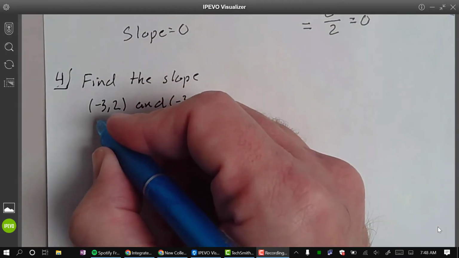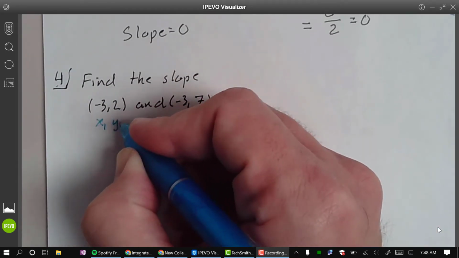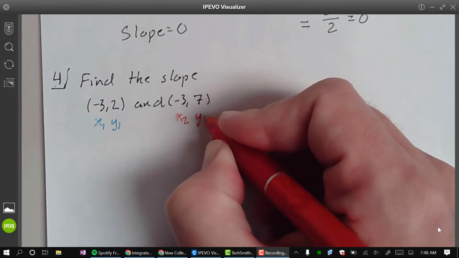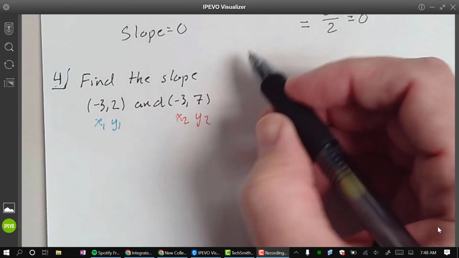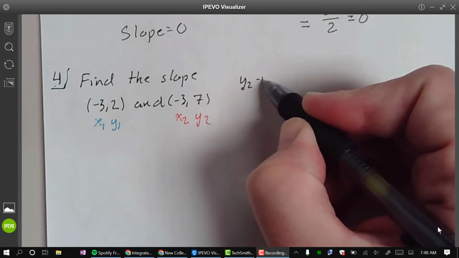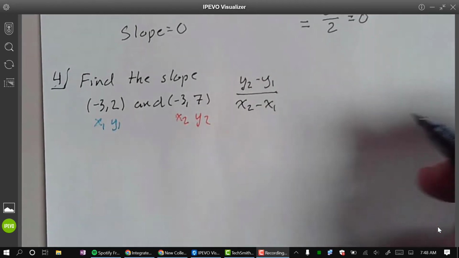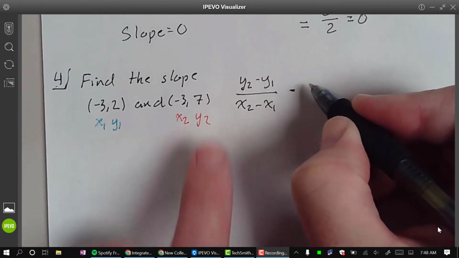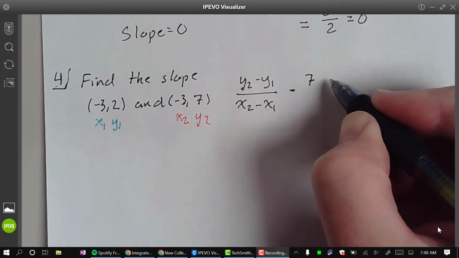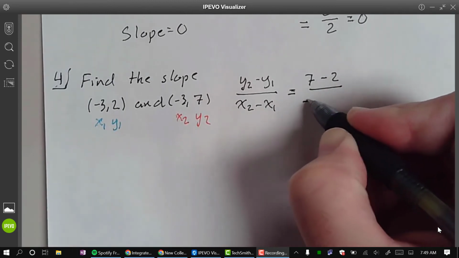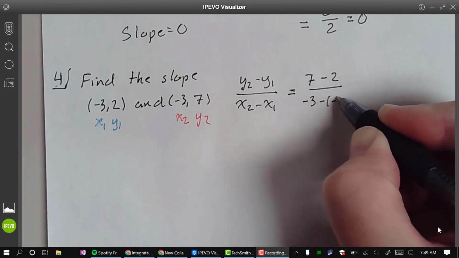So this is my x1, this is my y1, this is my x2, this is my y2. So I have the formula, y2 minus y1 divided by x2 minus x1. Let's plug in our numbers that we have. So this is going to be 7 minus 2 over -3 minus -3.